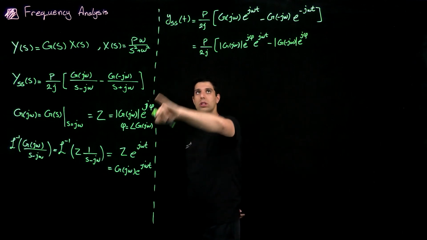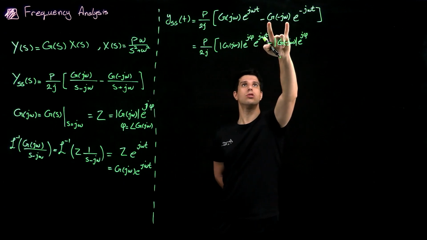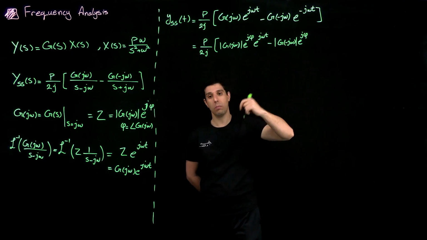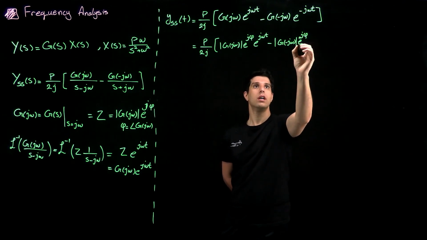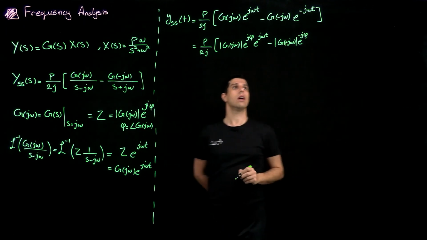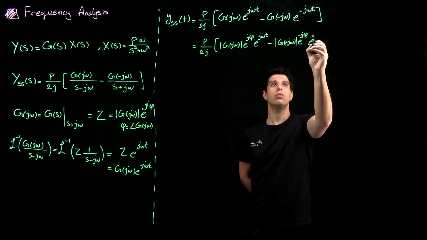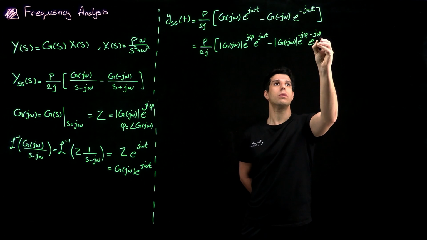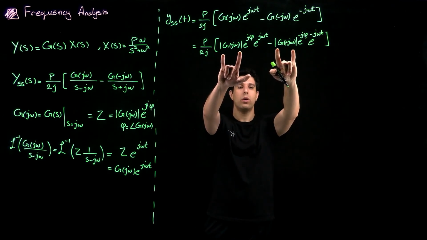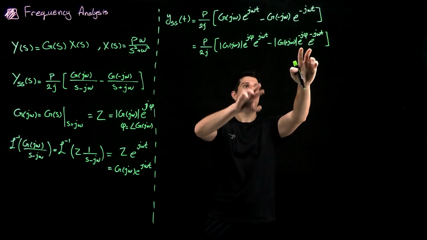But one thing to note here is that g of j omega and g of minus j omega are complex conjugates of each other. So their norms are going to be equal, but their angles are going to be opposite of each other, and e to the minus j omega t. So these two are now equal. I can factor it out and combine these exponents.